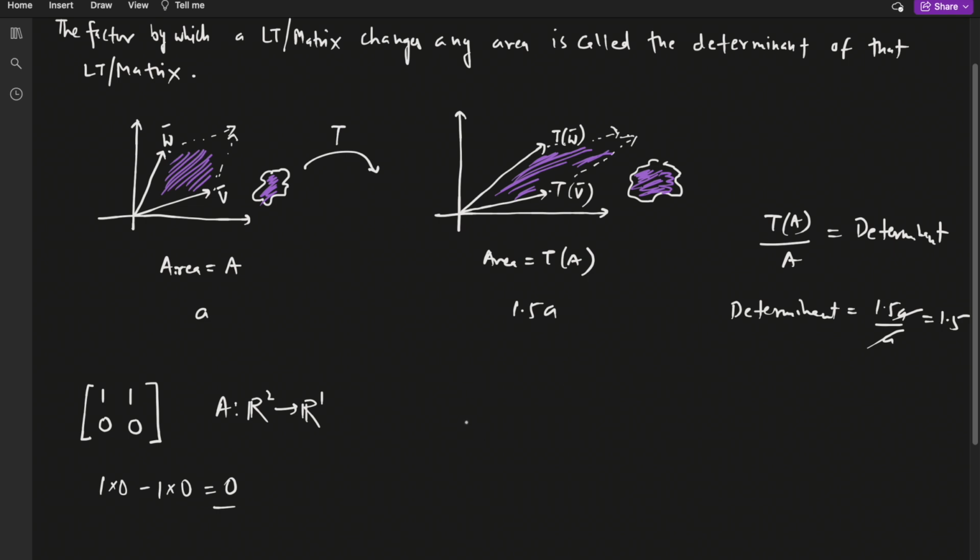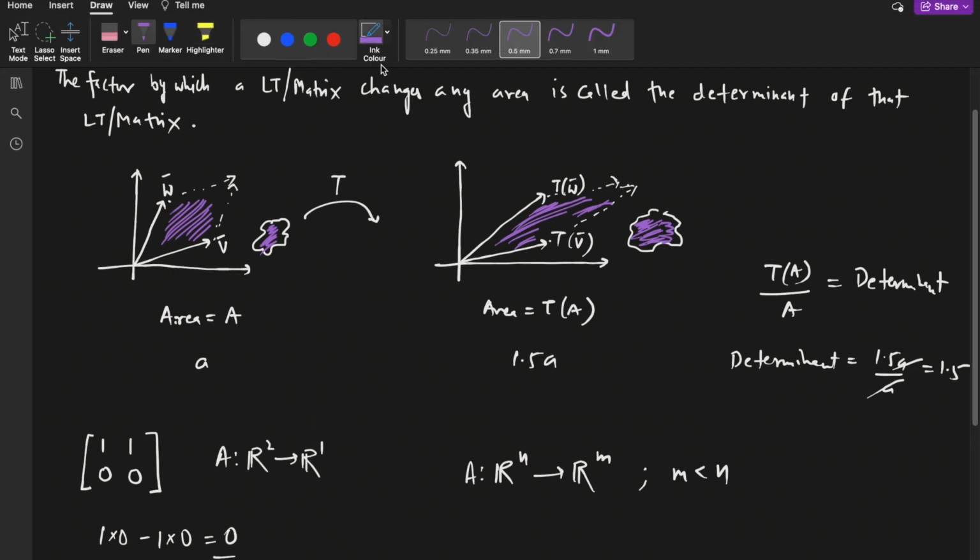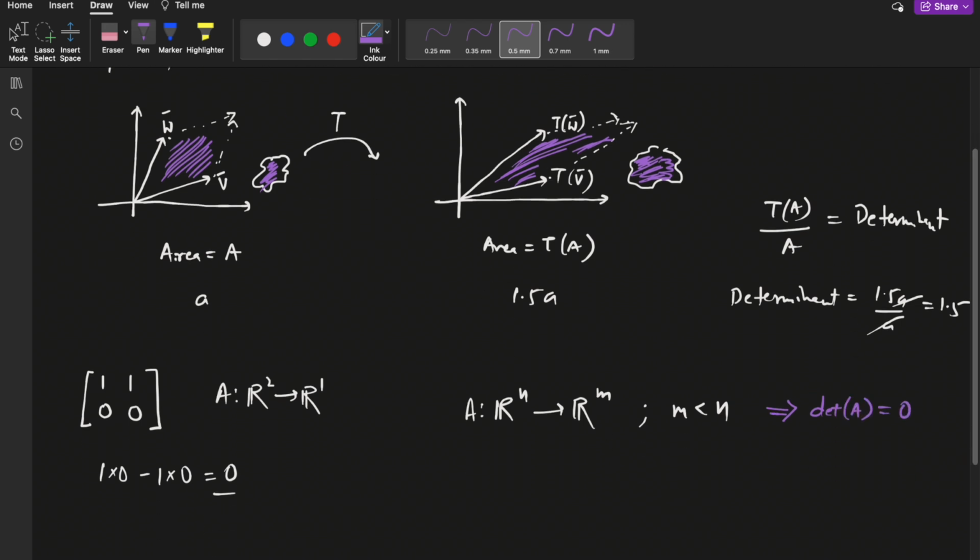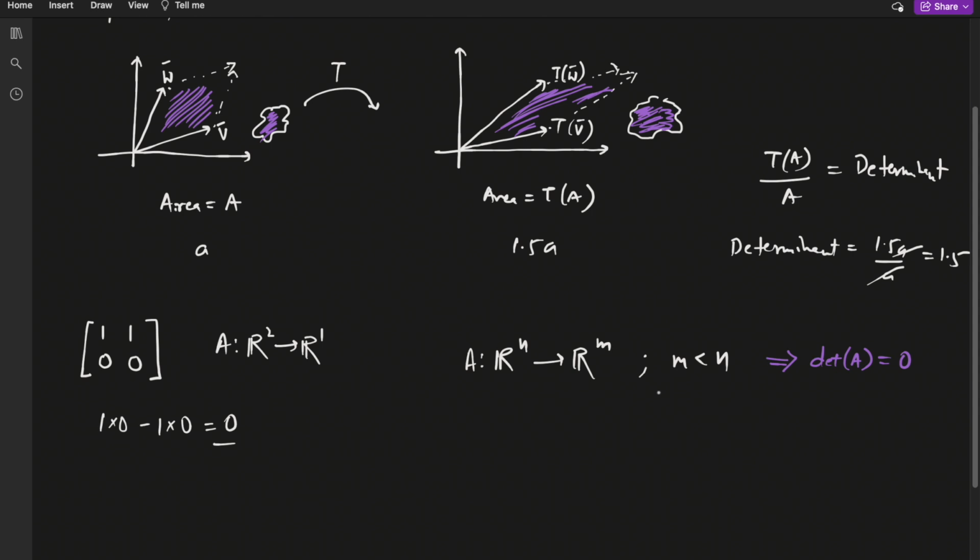Okay, so if you have a matrix A which takes the vectors from Rn to Rm, given that m is less than n, then in this case, this simply says that determinant of A is 0.